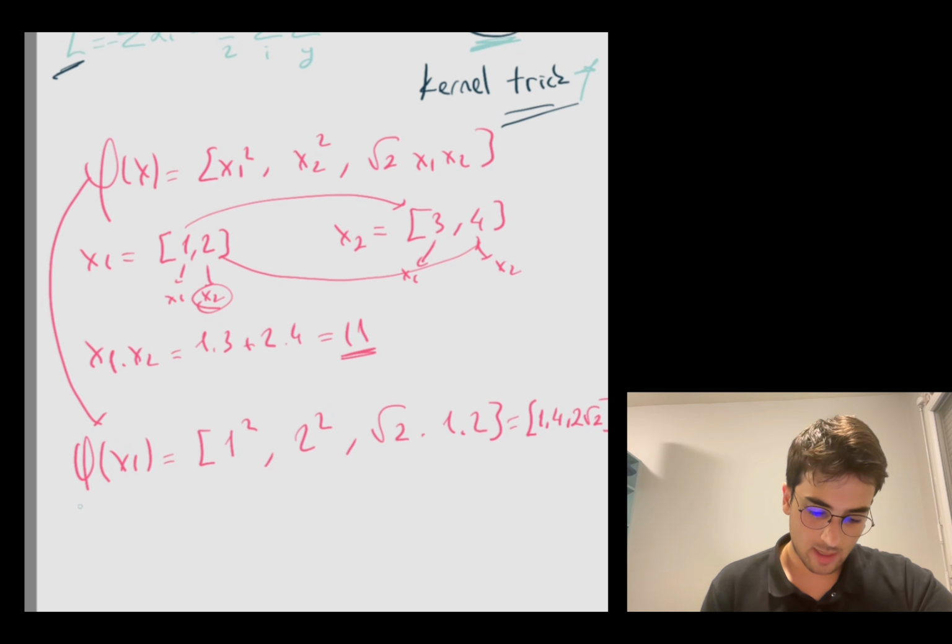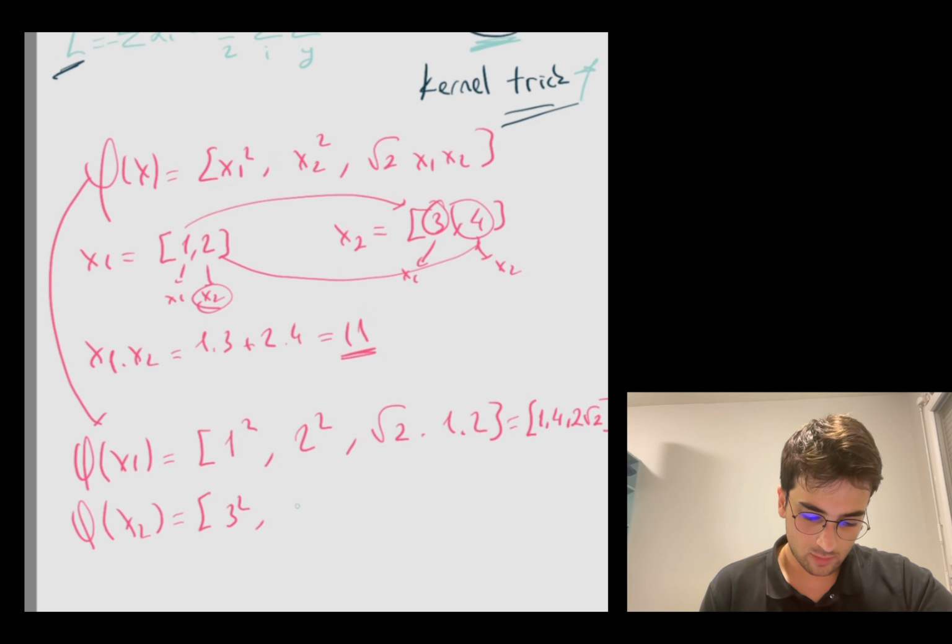And then phi of x2: take the square of 3, the square of 4, and then the square root of 2 times 3 times 4, which gives you 9, 16, and 12 square root of 2.